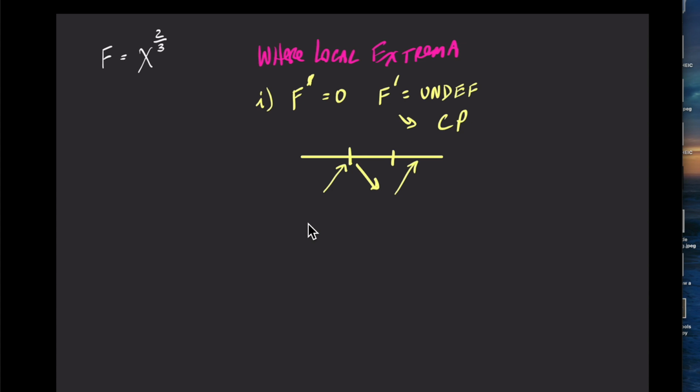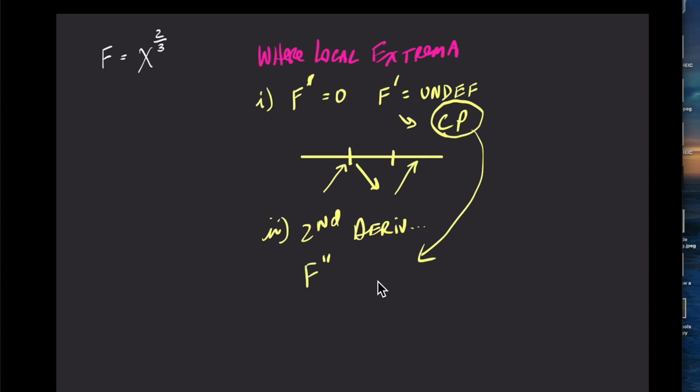Option 2, folks, is to use the second derivative test. Recall, the second derivative test is a shortcut in some ways, but it relies on the critical points from the first derivative. You do not do a sign analysis. You take the second derivative of each critical point.